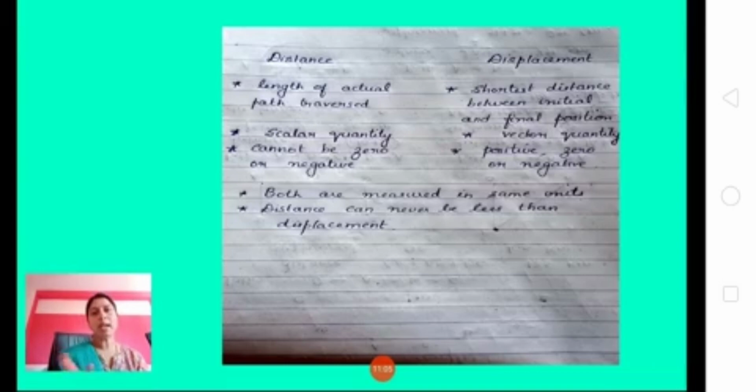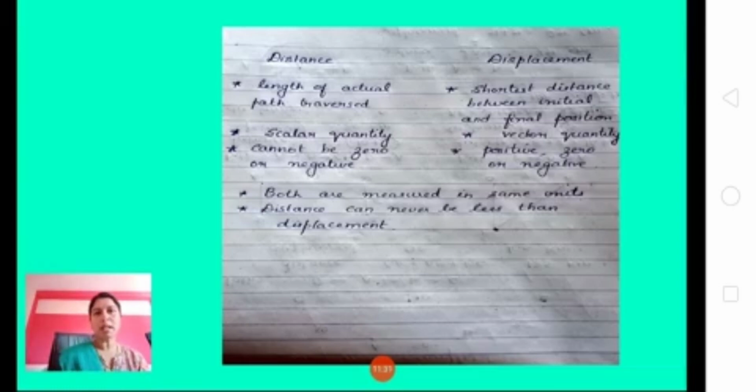So when I say distance, it does not tell me anything, or it is not dependent upon the direction of movement of the object. It only requires the magnitude or the value of the length covered by the moving object, whereas displacement is a vector quantity which is dependent both on the magnitude as well as direction.